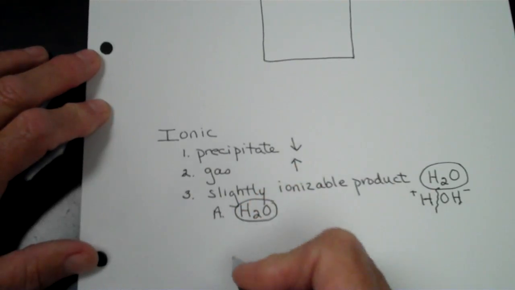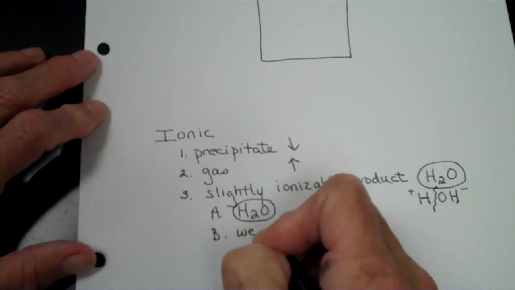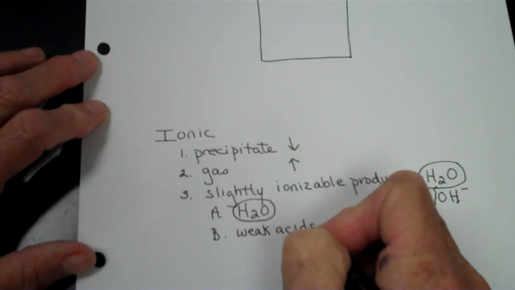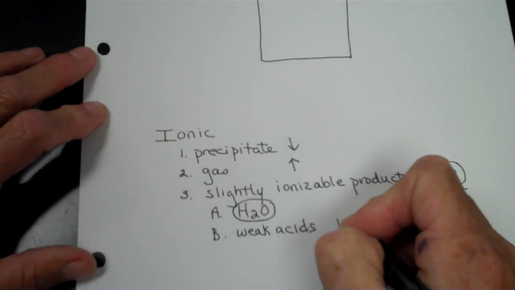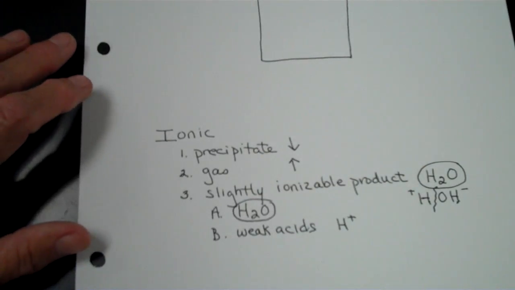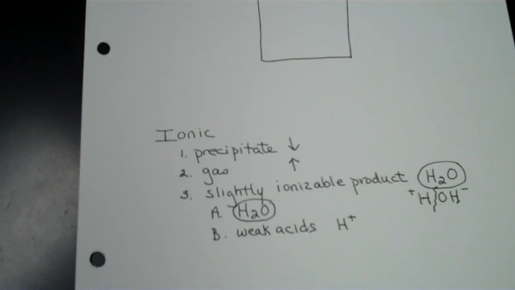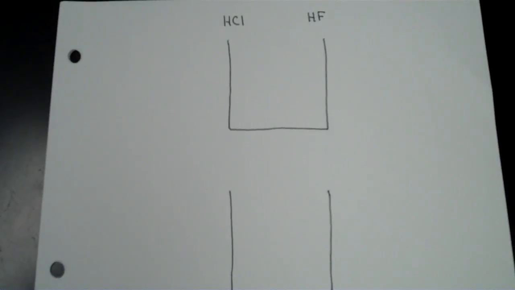Now, what would be next? Well, let's look at weak acids. We recognize all acids as having H plus as the positive portion of their formula. And from our solubility rules, we know that all acids are soluble. But let's look at the difference in two acids and what happens to them in water.